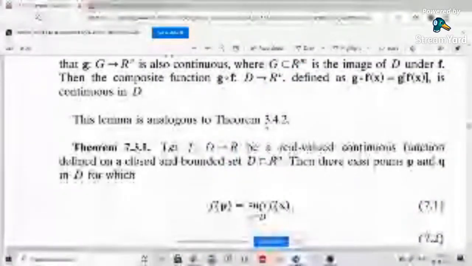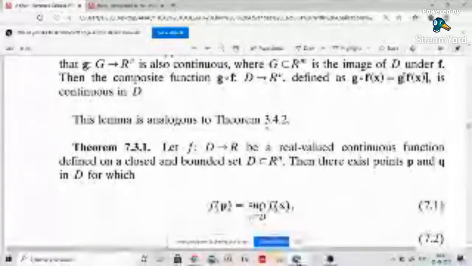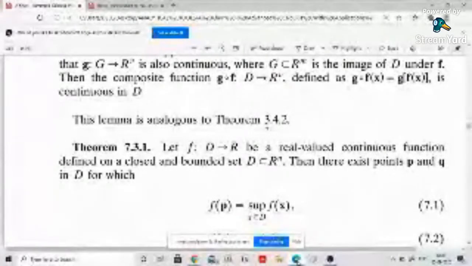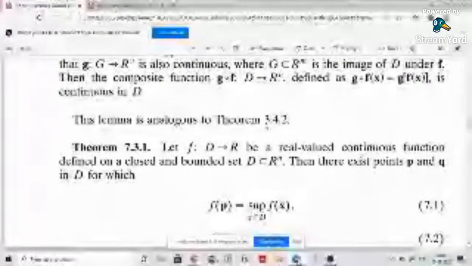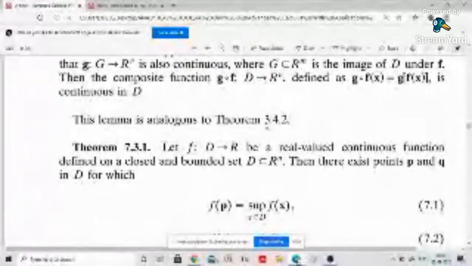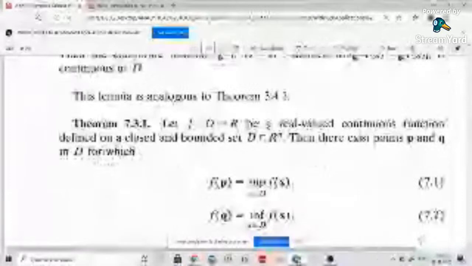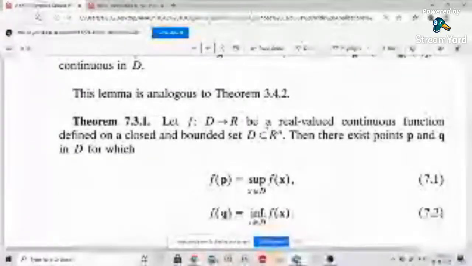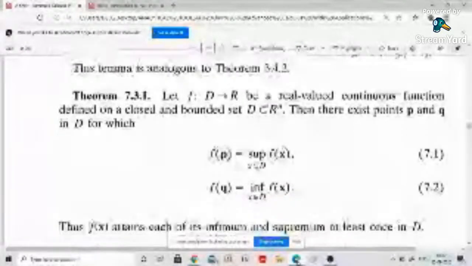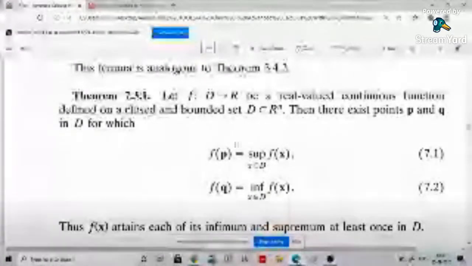So the theorem is: f from D to R, where D is the domain and R is the real numbers, a real valued continuous function defined on the closed bounded set D, a subset of R raised to n. Then there exist points P and Q in D such that f of P equals the supremum of f of x and f of Q equals the infimum of f of x.